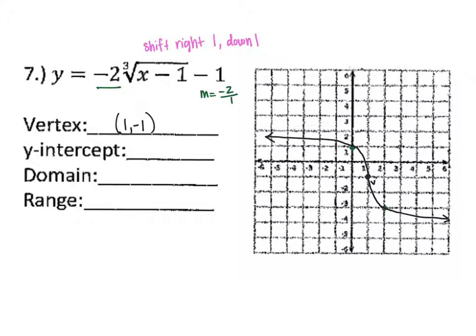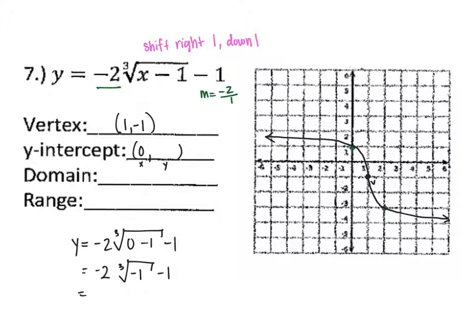So before we look at the domain and range, let's do the y-intercept here. Let's calculate that. I'm going to plug in 0 for x and find my y. So this is going to be negative 2 cube root of 0 minus 1, minus 1. 0 minus 1 on the inside gives me a negative 1.